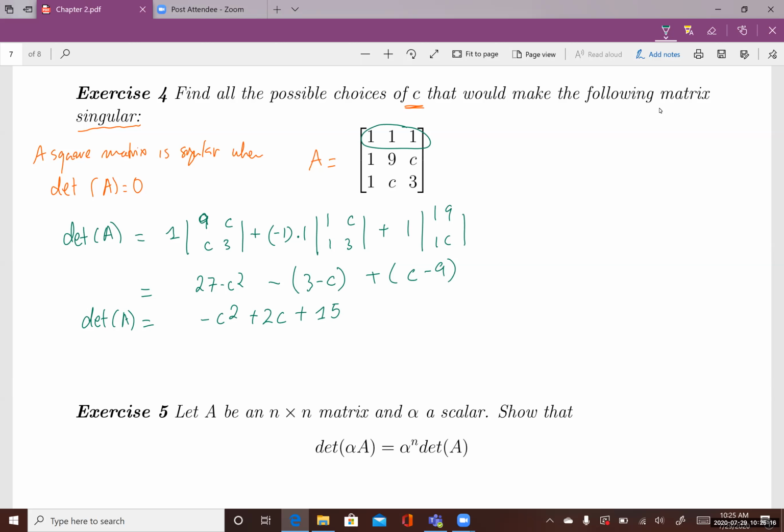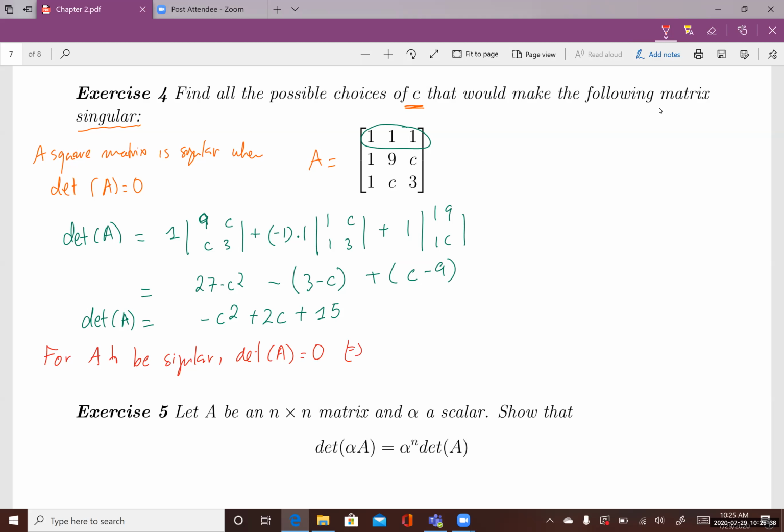Now the goal is you need to make A singular. Then the determinant of A has to be equal to 0 for A to be singular. Determinant of A has to be equal to 0.